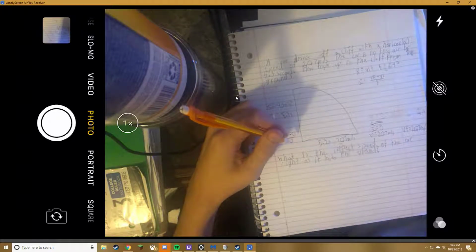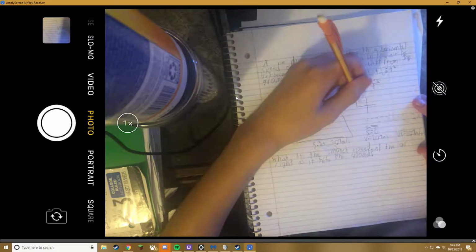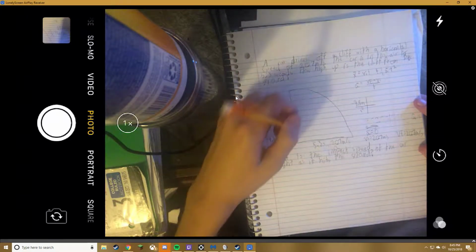We can do the dimensional analysis over here: negative 9.8 meters per second squared, multiplying by 5.3 seconds. That second cancels out the square, so it just becomes meters per second, which is what velocity is.